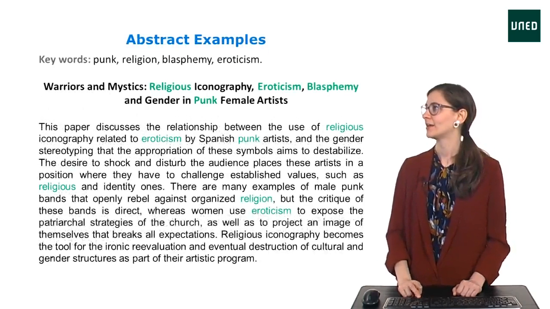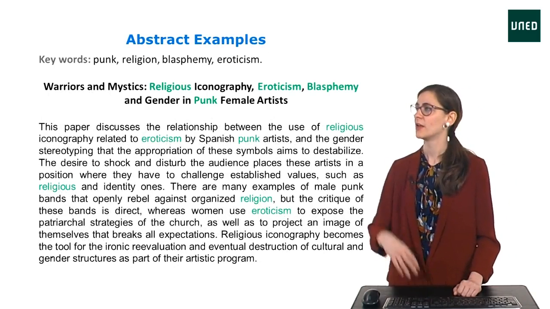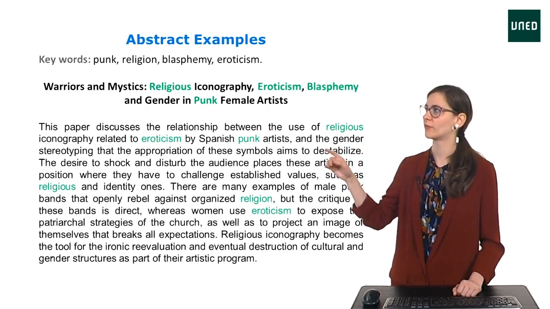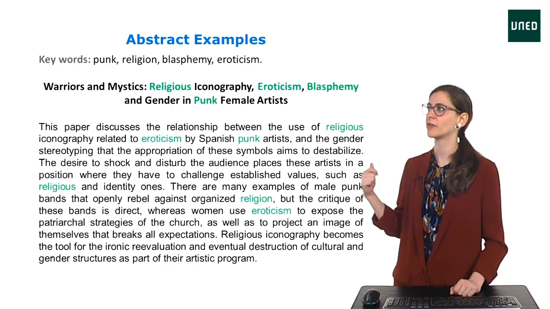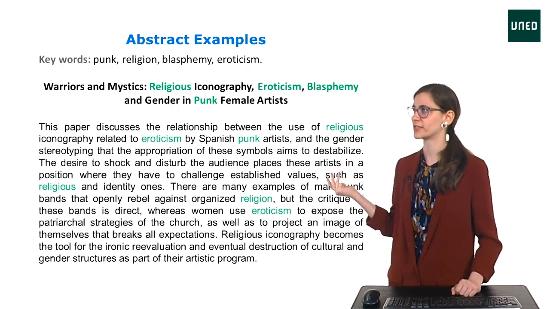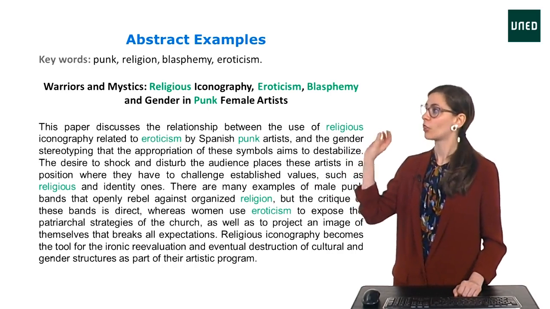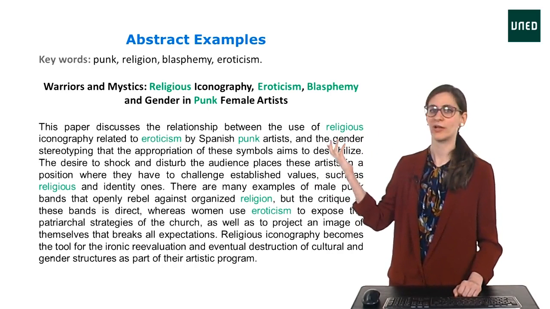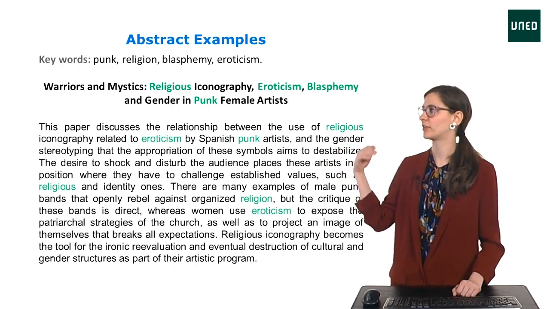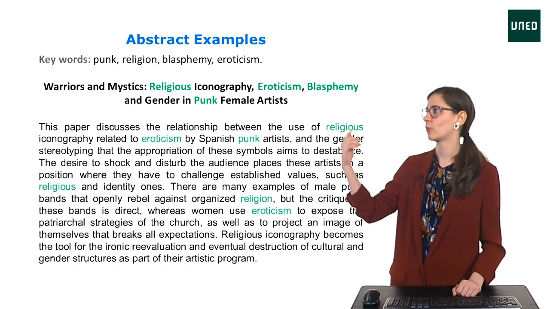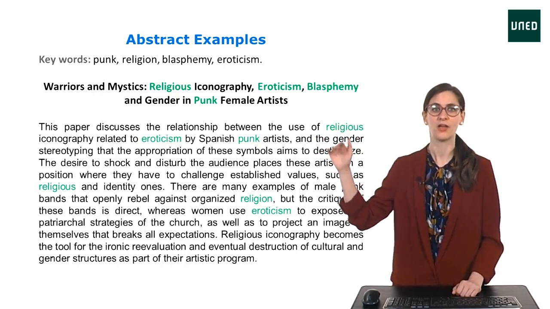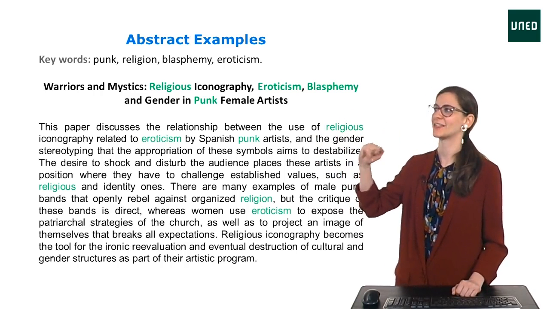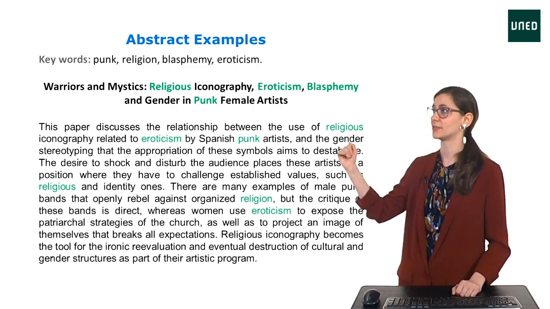Okay, let's have a look now at the keywords. At the top, you have the 4 keywords that this author has chosen. They are punk, religion, blasphemy, and eroticism. And you can see how 3 of those words are actually in the title itself: eroticism, blasphemy, and punk. Then we have a word that has varied. We have religion, the noun, in the keywords, and we have the adjective religious in the title.